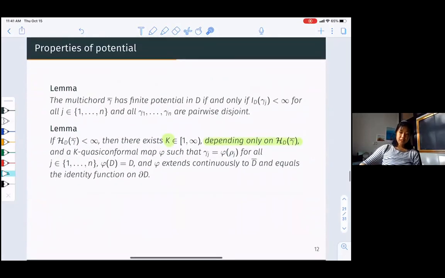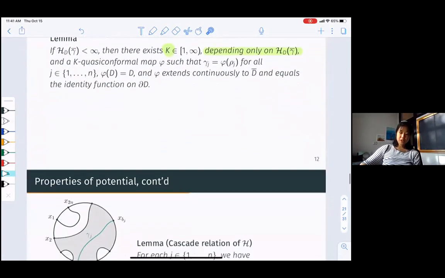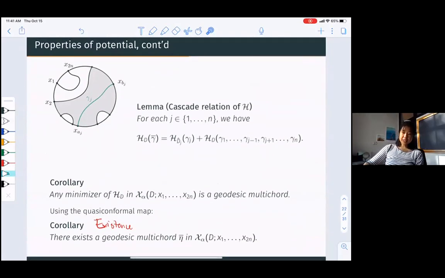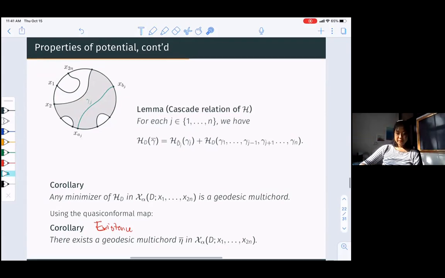And some characterization properties of the potential. The first one is the cascade relation. It says that the multichord potential of the n chords can be given by considering the potential of the n minus 1 chords, plus the Loewner potential of the last one, but only in the gray shaded area. This is the D_j hat.